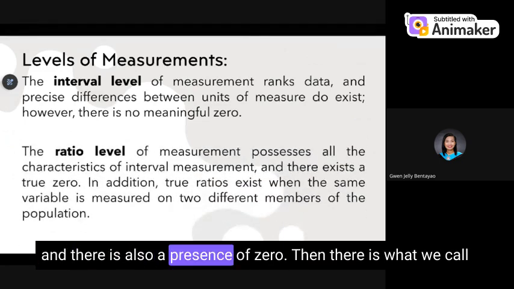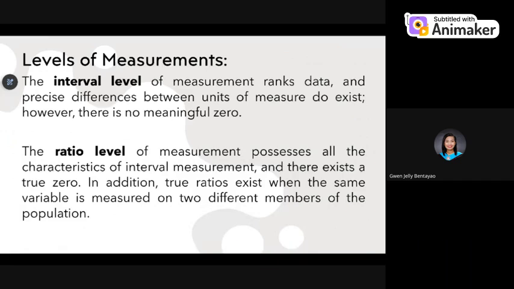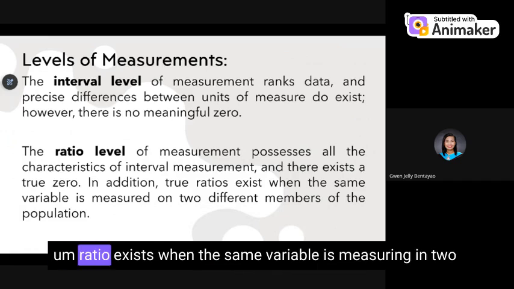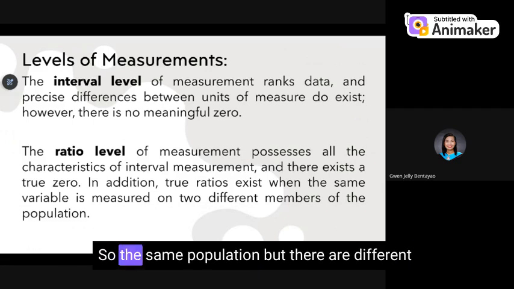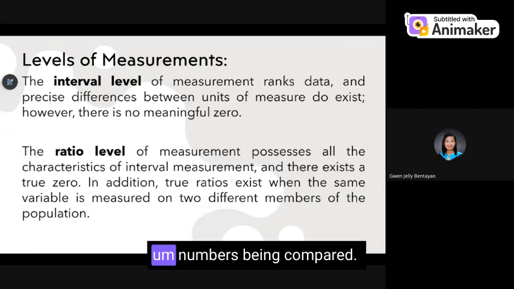When there is also a presence of a true zero, then there is what we call the ratio level. Ratio exists when the same variable is measured in two different numbers of the population. So the same population, but there are different numbers being compared.